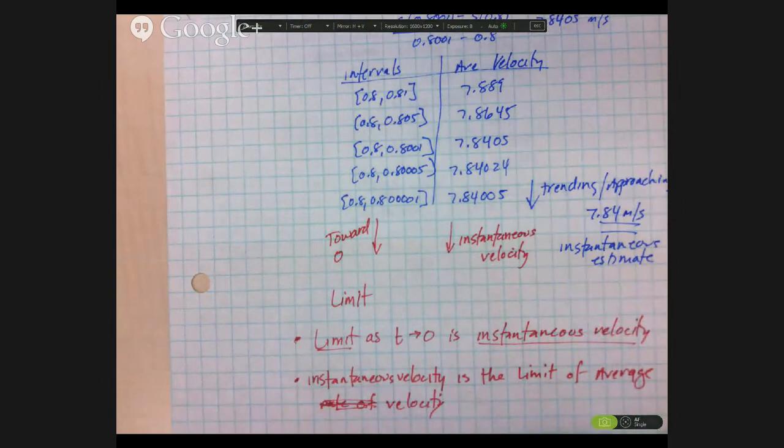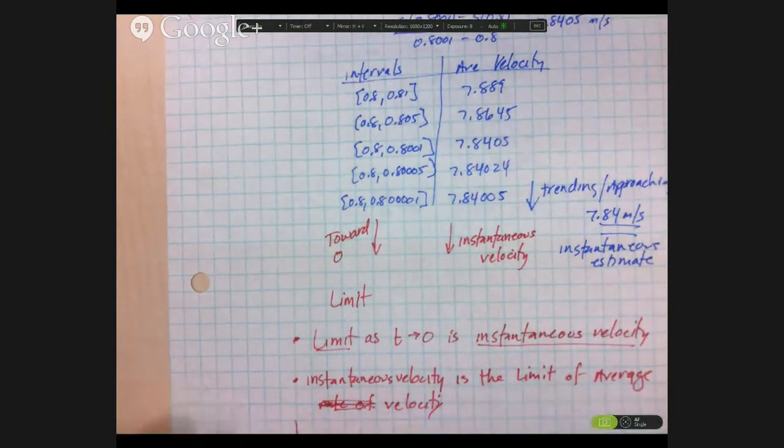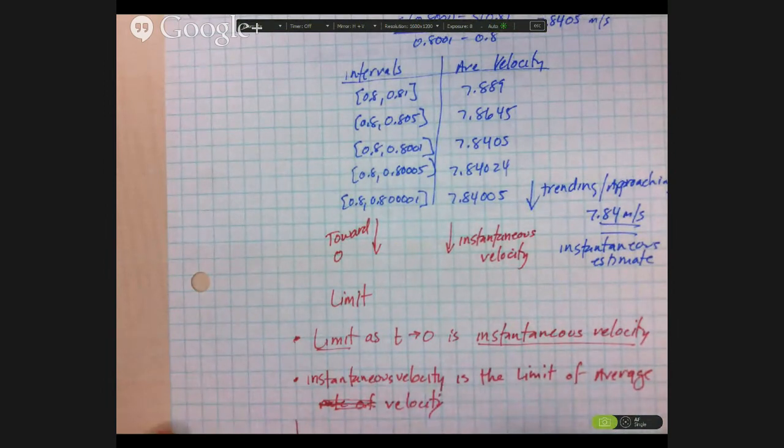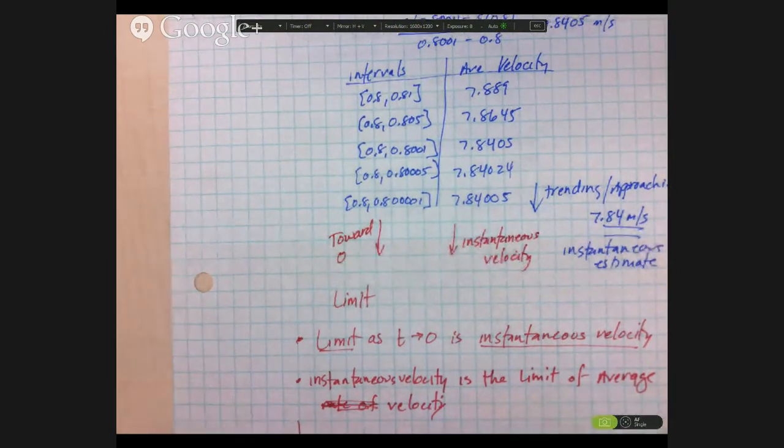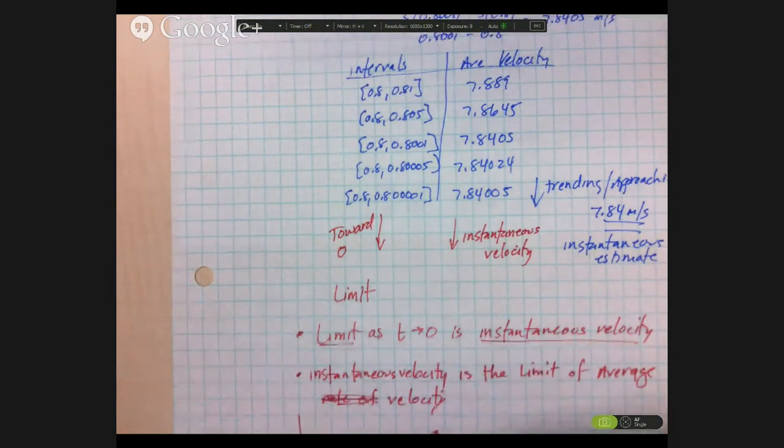Graphically, let's say you have a position graph. Let's say you want the instantaneous velocity at time 3.